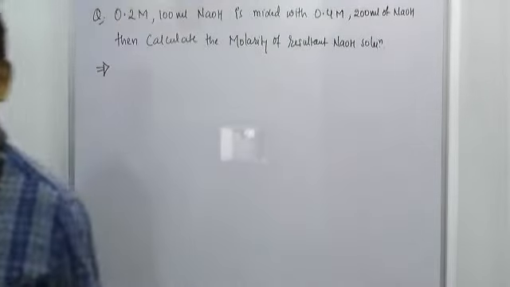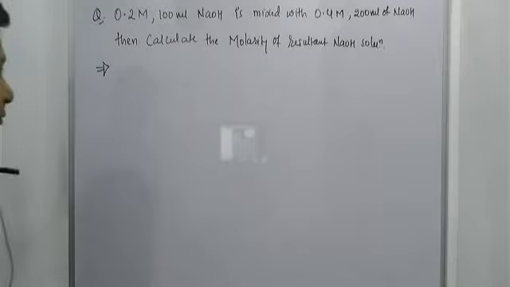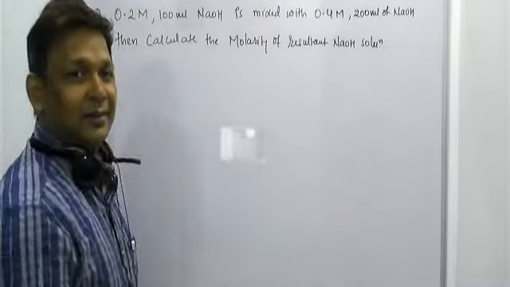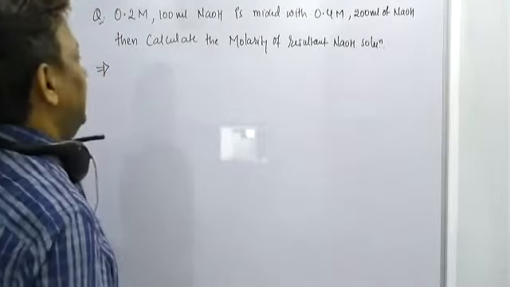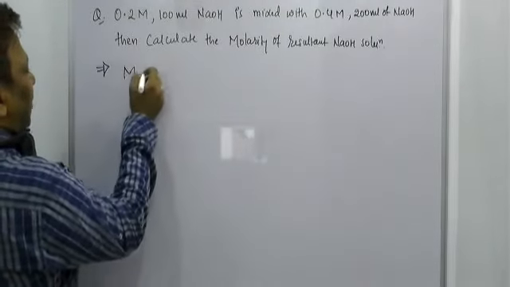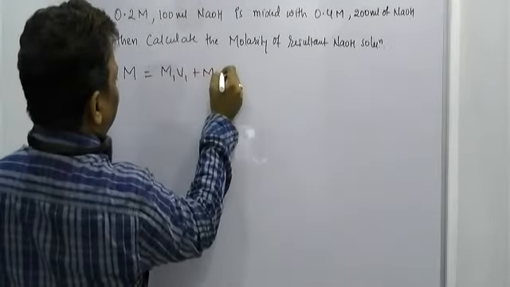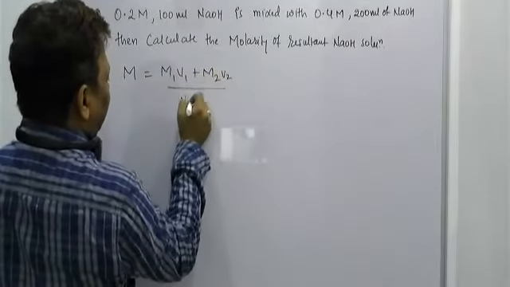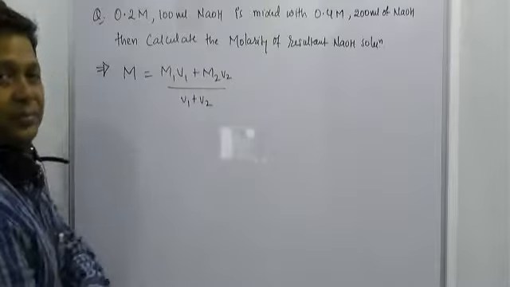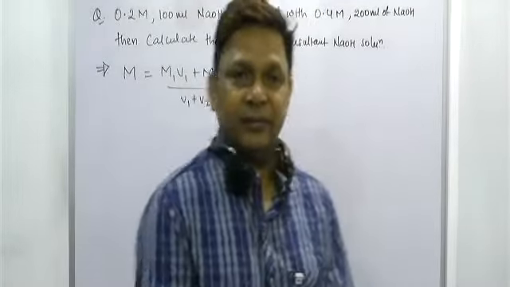Try it, beta. Try it. 1/3, right, beta? See here, the molarity of the resulting solution is equal to (M1 V1 plus M2 V2) by (V1 plus V2).